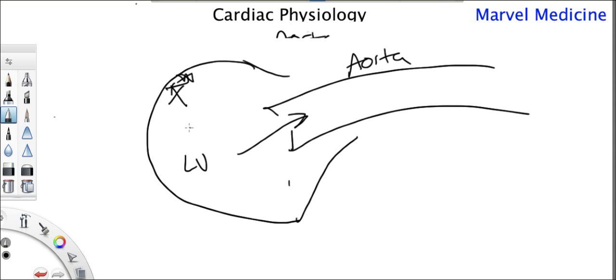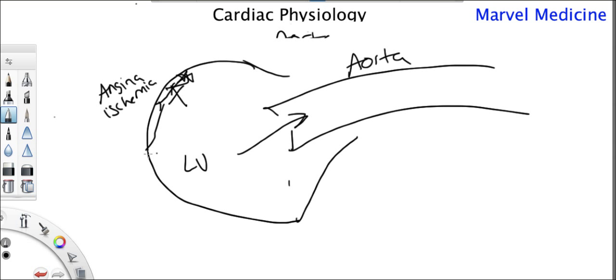If they had an MI or if they're suffering angina, basically ischemia, to my myocardial tissue here, and my heart muscle doesn't have enough oxygen to deliver to all the different tissues here. Do I want my ventricle working harder or not that hard?